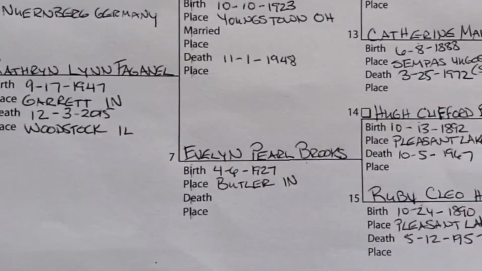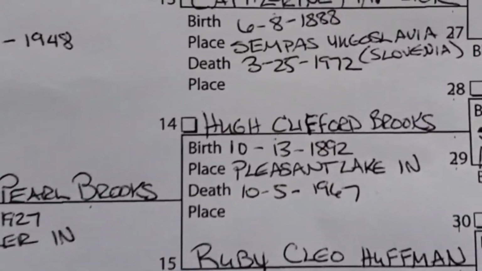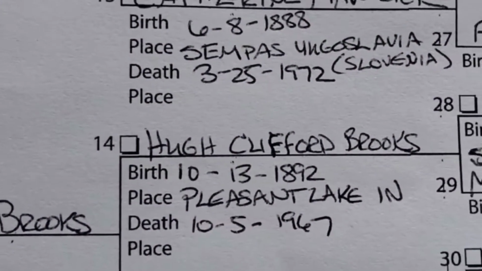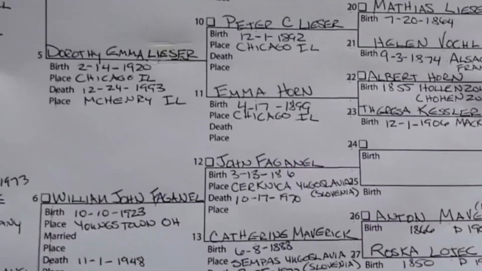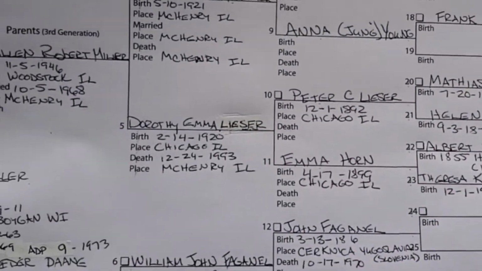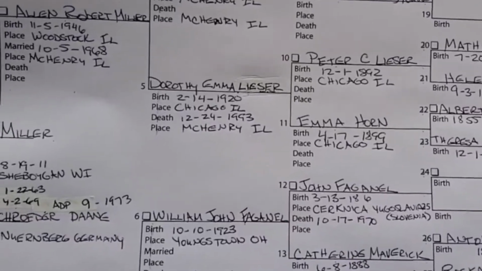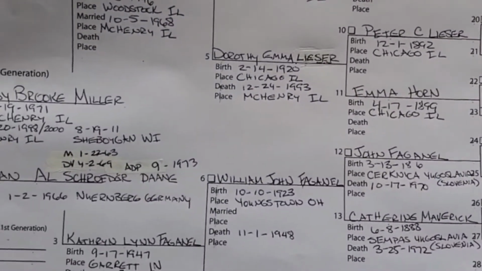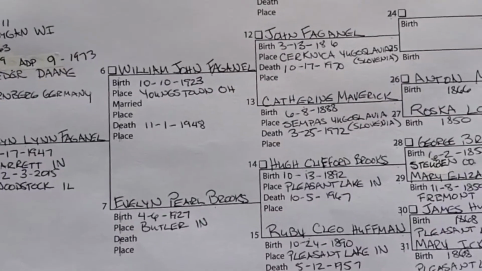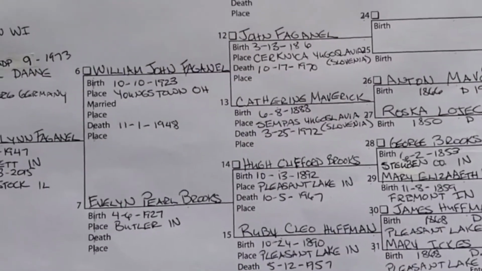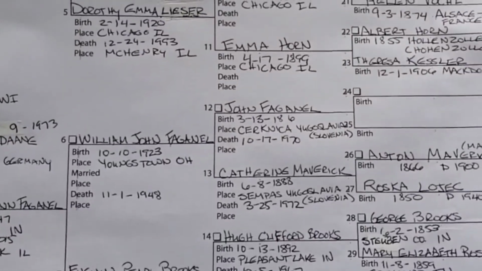And what else did I learn? Oh, I had somebody with the name Clifford in my history. But that's what I've got filled out so far, based on what my mother had done. And I have a lot of blanks to fill in, as far as dates of death seem to be missing for a lot of people.